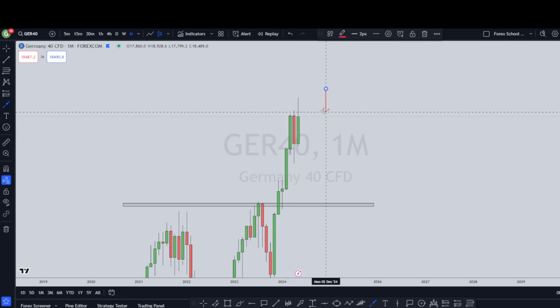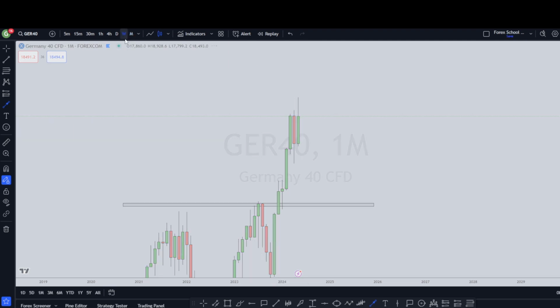They created an area of resistance, and this current running candle is coming against it and hasn't yet been able to break above. But if the resistance is compromised, we have a bullish bias.